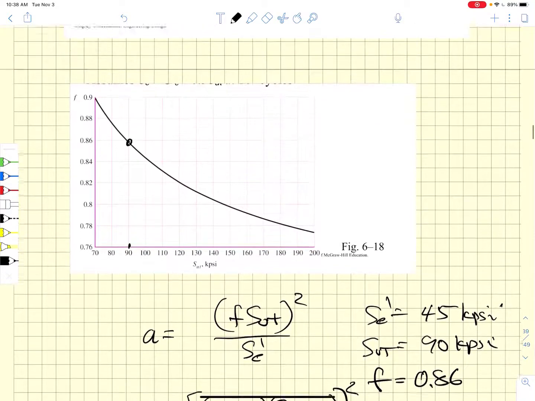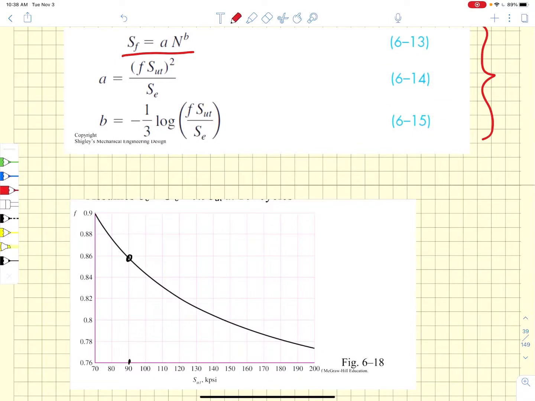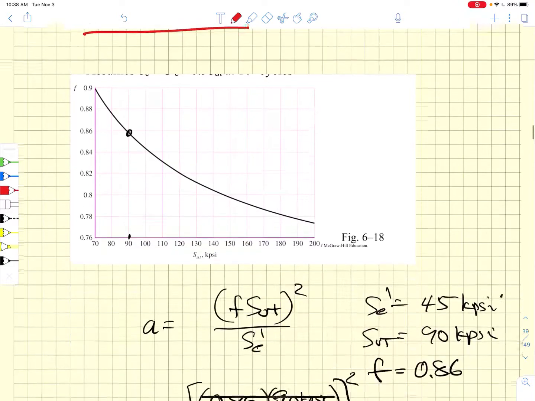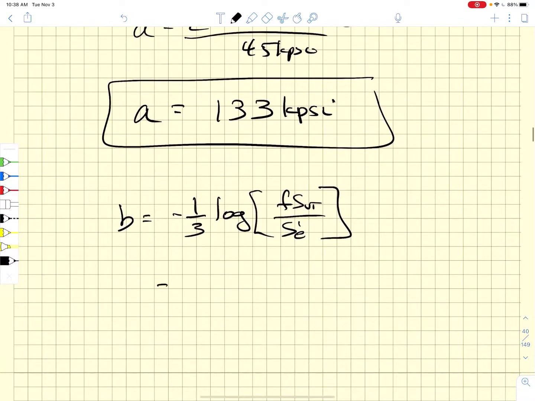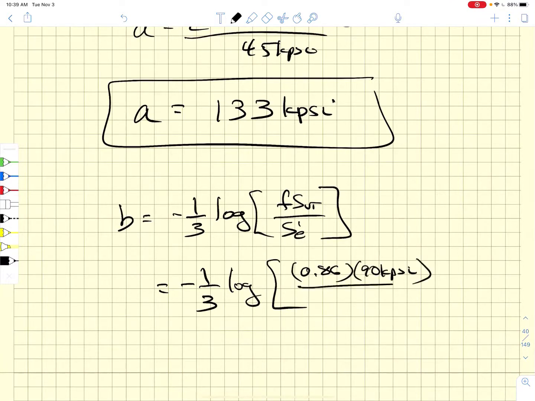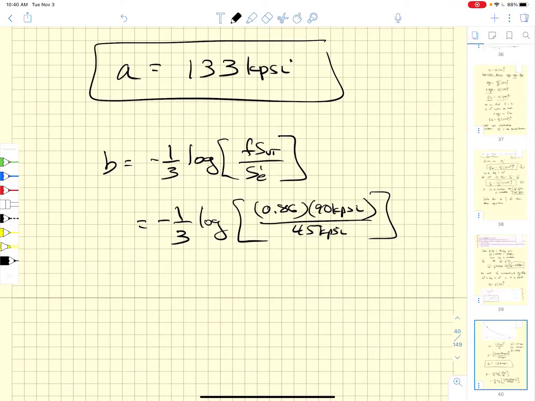Now I have to find my factor B. You'll notice from equation 6-15 that B is equal to minus 1/3 times the log of F S_UT divided by S_E. F is 0.86, so we get minus 1/3 times the log of 0.86 times the ultimate, which is 90 kpsi, divided by 45 kpsi. When we do that calculation, we find that B is equal to minus 0.0785.